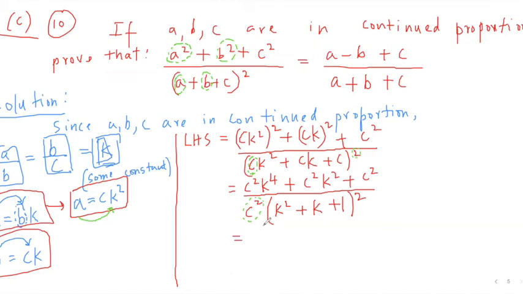The numerator, we can also factorize out the C squared, this one, right? All the terms have a C squared. So C squared into K4 plus K squared plus 1, right?